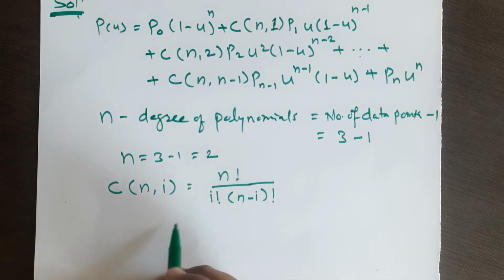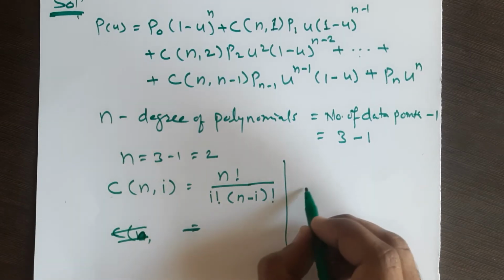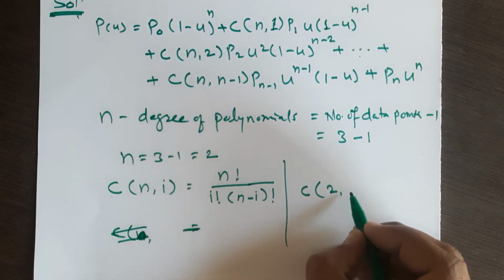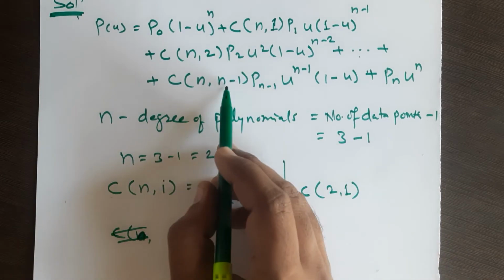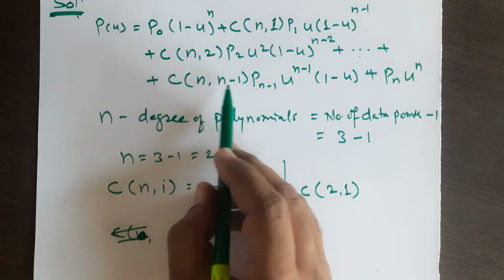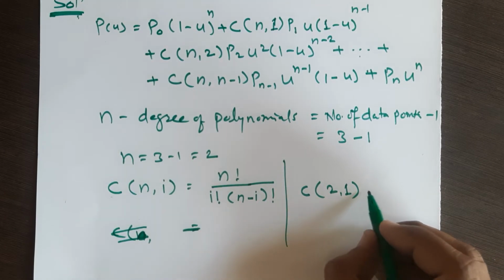So if we write here C(2,1), the last term will be the n minus 1 term that you have to go to.